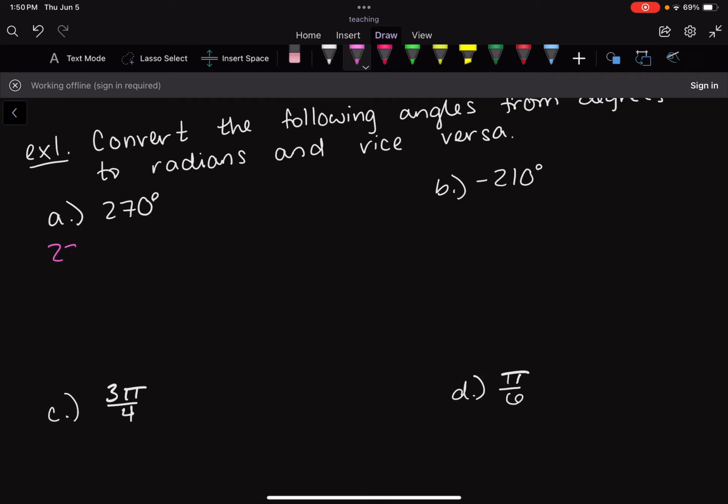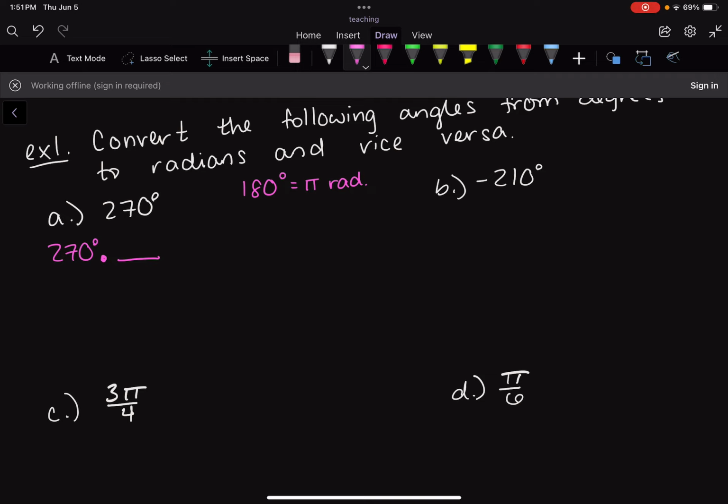So 270 degrees, and what I want to do here is multiply by a conversion factor so that I'm left with radians at the top and degrees at the bottom so that the degrees will cancel out. So remember my conversion factor, I'm going to use 180 degrees is equal to pi radians, and I'm going to abbreviate that as RAD.